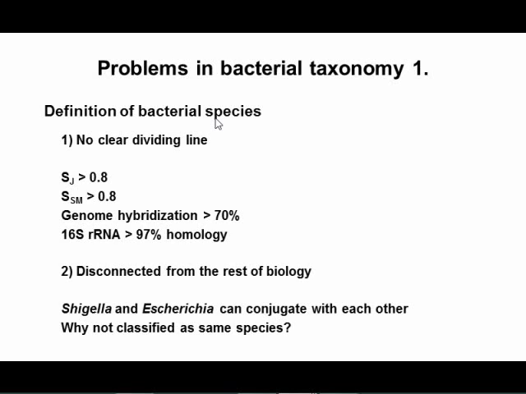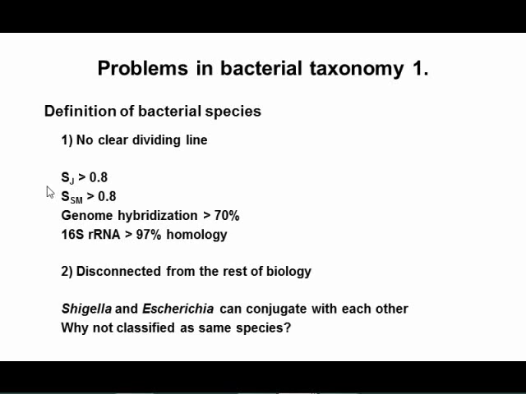Then there was a big attempt to put things on a more objective footing with Bergey's Manual of Systematic Bacteriology. So there were definitions to try and say that bacteria are the same species if these matching coefficients are greater than 0.8, or if 16S rRNA has greater than 90% homology.